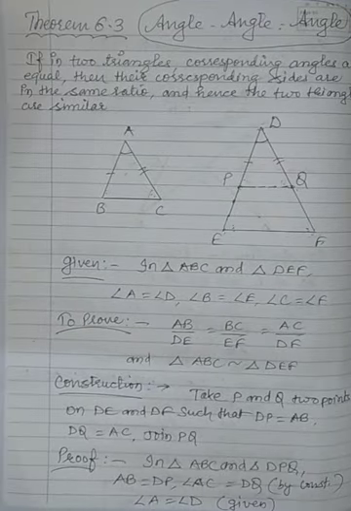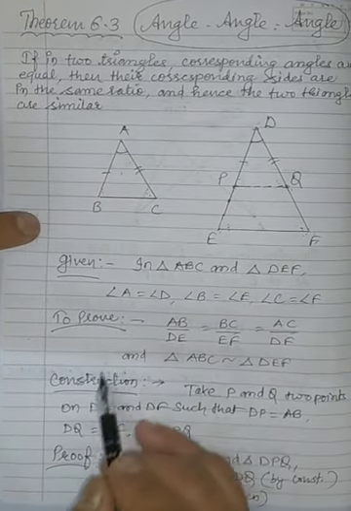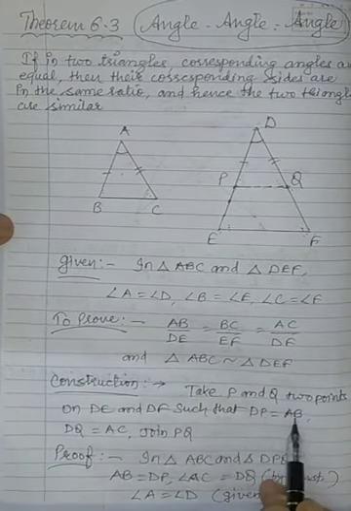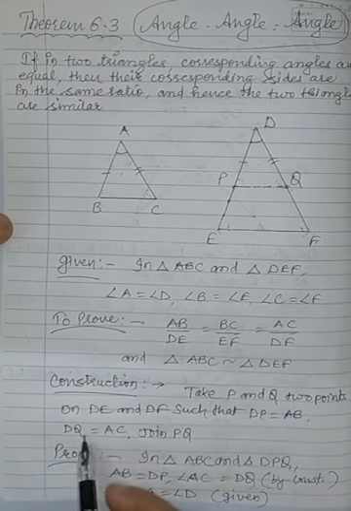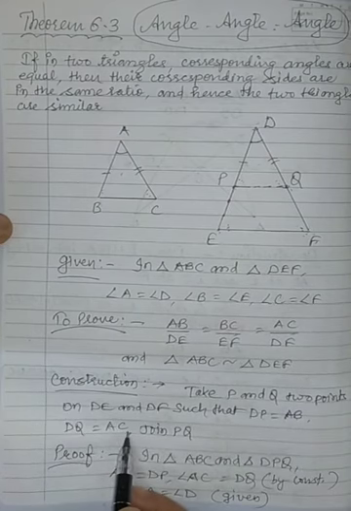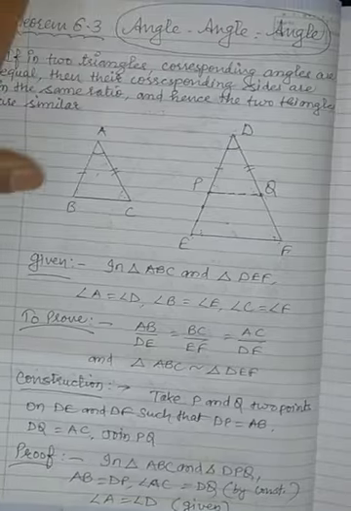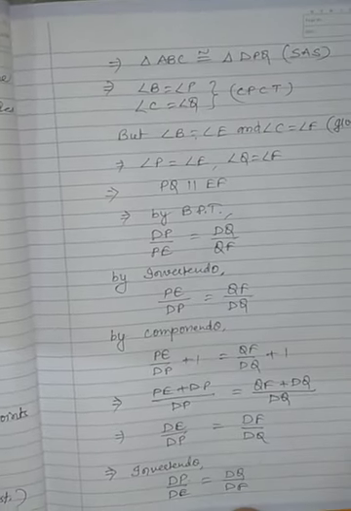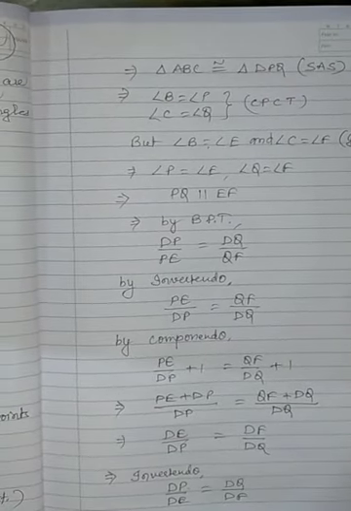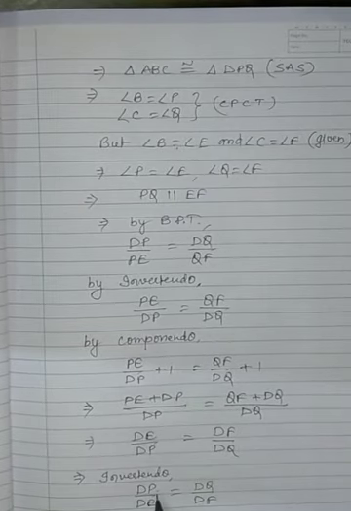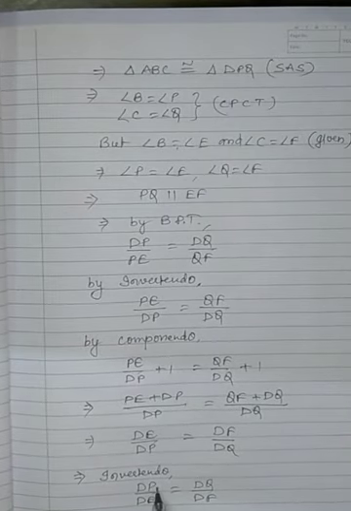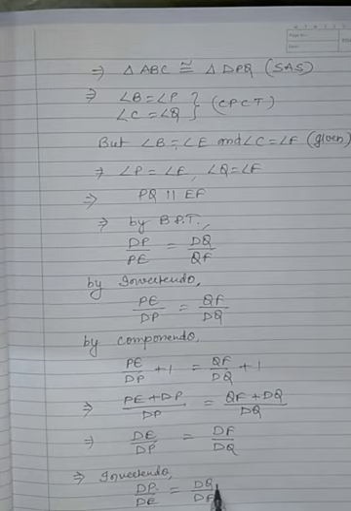Now children, by construction we had taken DP is equal to AB and DQ is equal to AC. So in this relation which we have got, DP will be replaced by AB and DQ will be replaced by AC.